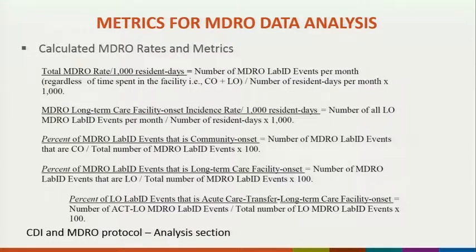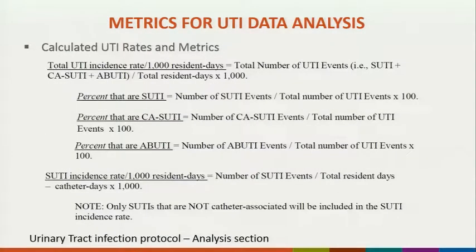And these are some of the MDRO protocols, and this is how later on when we look at the tables for rates and counts and for community onset and long-term care onset, these are the metrics that are behind those calculations. And finally, these are the metrics for the UTI data analysis. And as I mentioned, all of these are in your 2017 protocols.